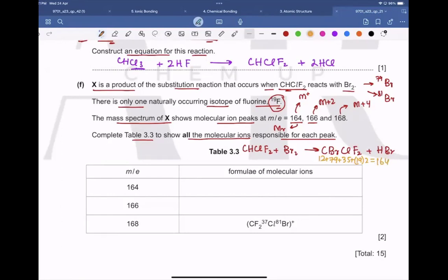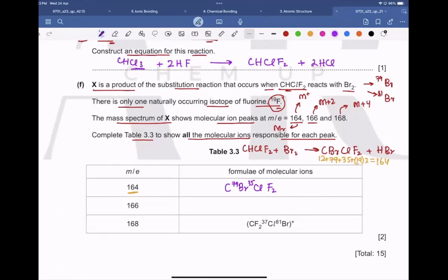So it means over here at 164, the compound, the species or the molecular ion would be C with the bromine 79, chlorine 35, and F2. Because fluorine has only one isotope, there is no need to write the nucleon number or the mass number of the isotope.